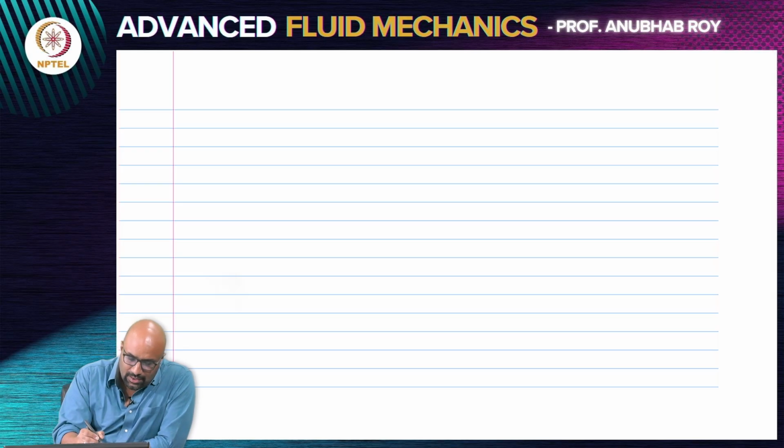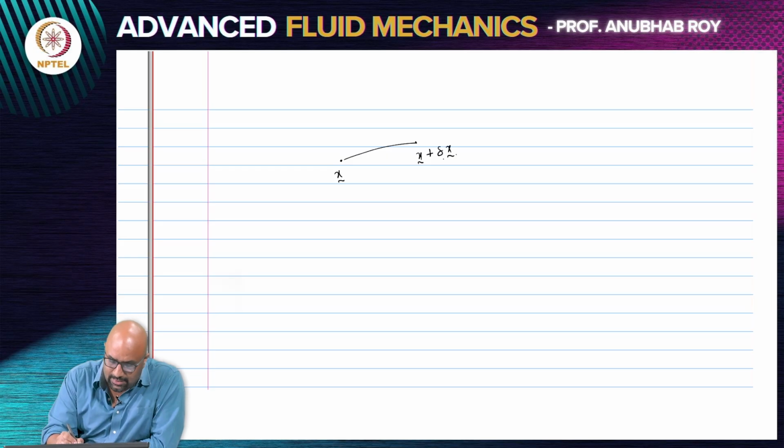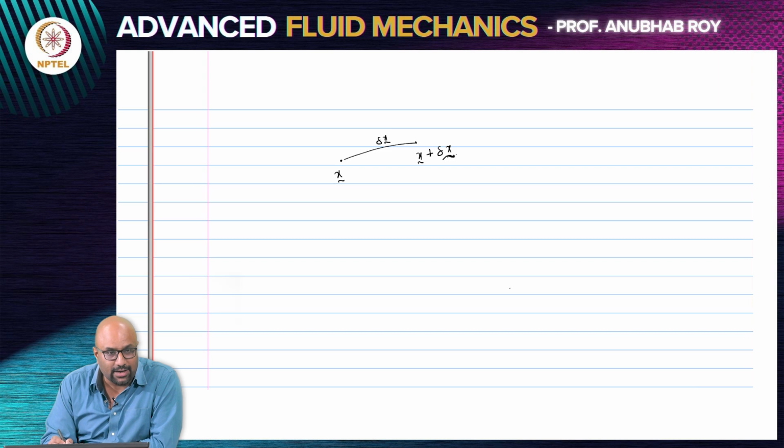When we are thinking of trying to understand deformation, I'll consider a point x and another point which is x plus delta x. So there is a small displacement of delta x.